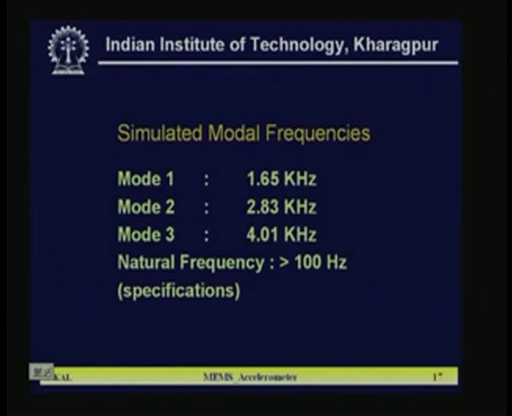So for mode 1, the modal frequency is 1.65 kilohertz, for mode 2 it is 2.83 kilohertz, for mode 3 it is 4.01 kilohertz. That means our specification is that the natural frequency should be greater than 100 hertz, and in all cases it is well above 100 hertz. So that specification is met. So far as natural frequency is concerned, this structure satisfies the specification.